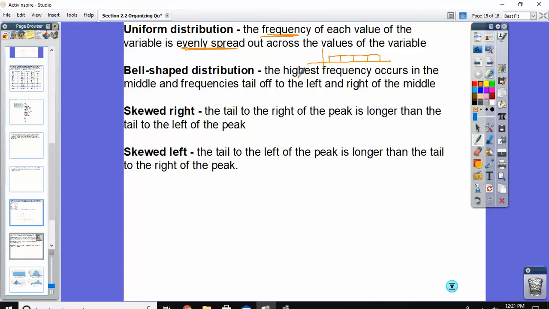If it's bell-shaped, really what you need to write is the highest frequency occurs in the middle. And then it just gets smaller as you go out to the sides.